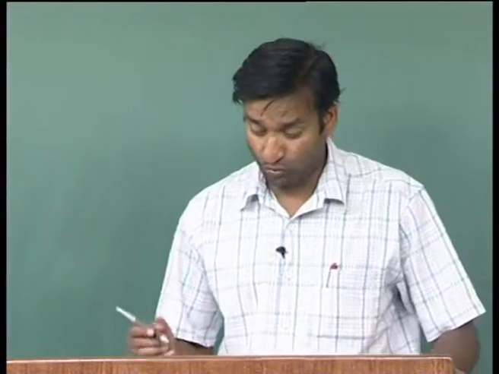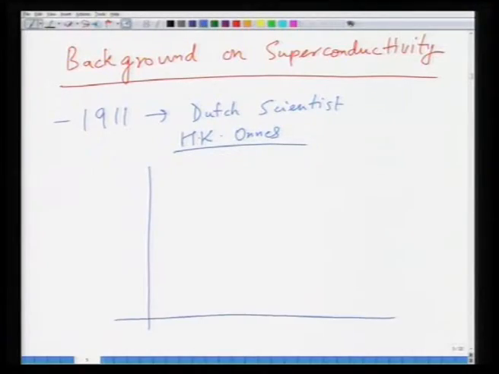What it meant was that the resistance as a function of temperature suddenly dropped to 0 at a particular temperature, and this was called TC, or transition temperature or critical temperature in the lingo of superconductivity.